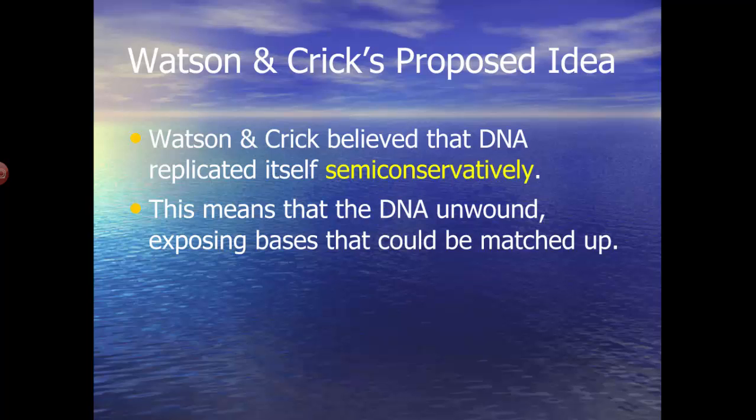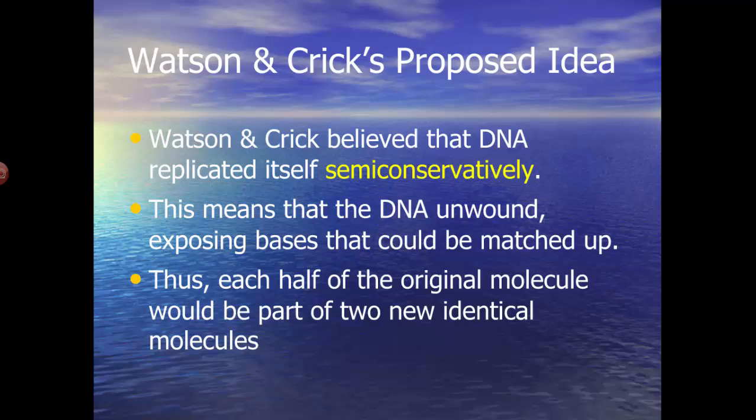The exposed bases then are matched up, and then at the end of that you have two new molecules, half of which belong to the original molecule. So half of each new molecule was conserved from the old molecule, semi-conservative.